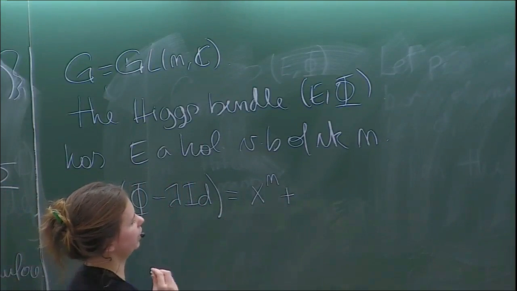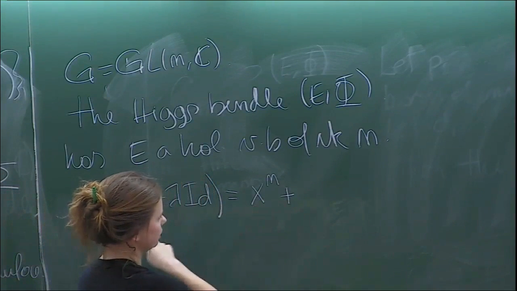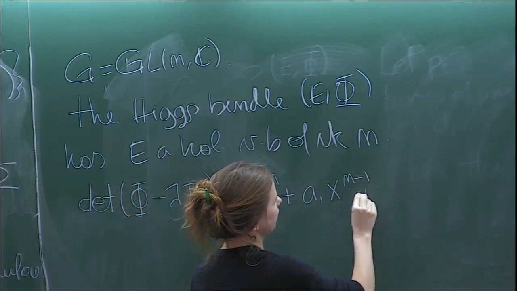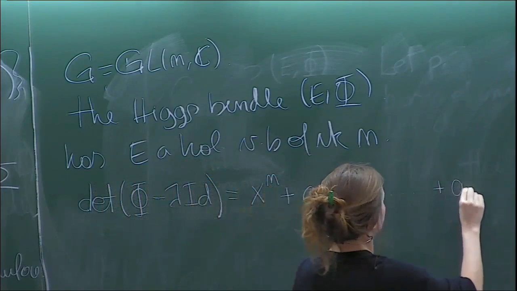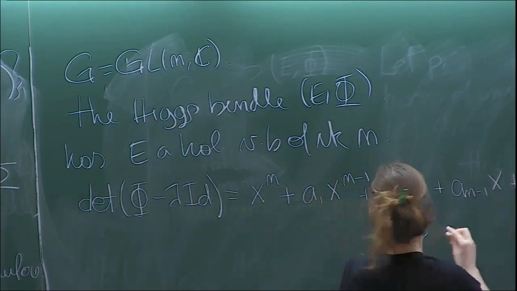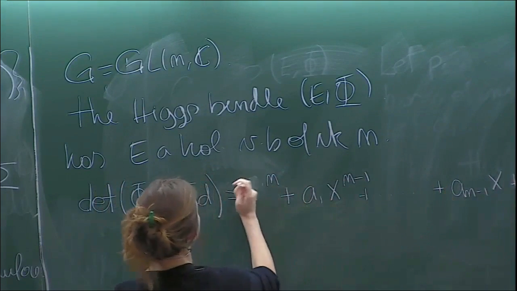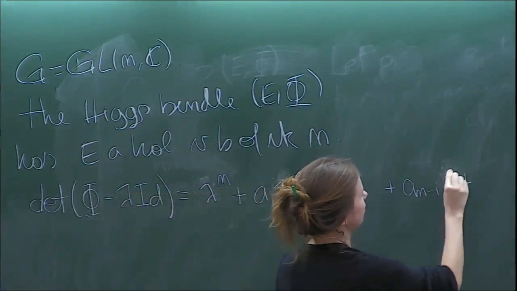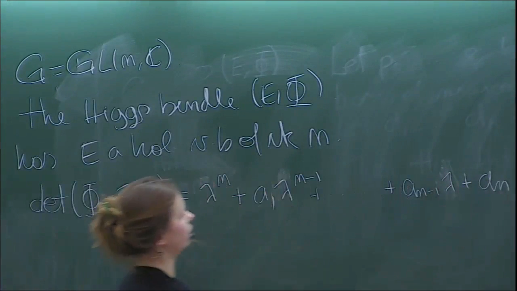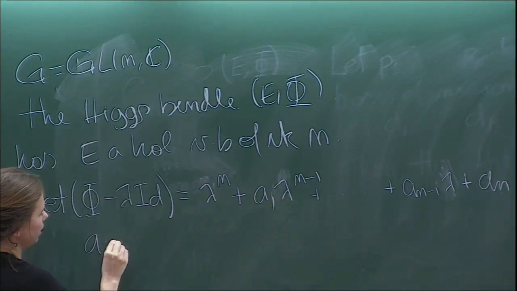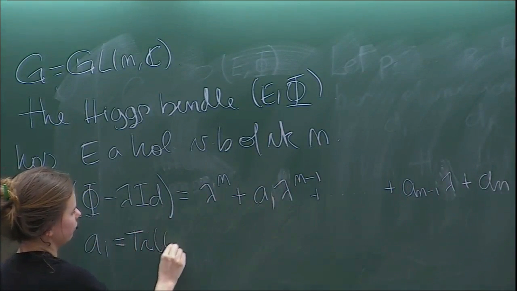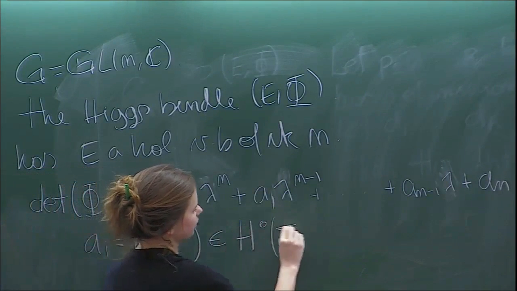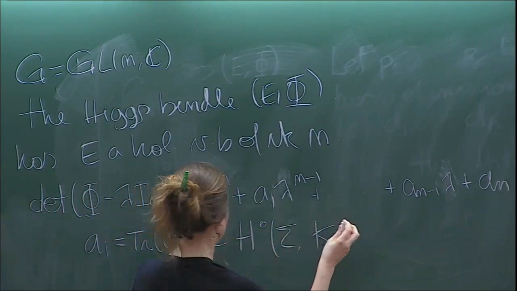So we're going to put it here, and we say this characteristic polynomial is x to the n plus a1 x to the n minus 1 plus ... plus a n minus 1 x plus a sub n, where a sub i is the trace of phi to the i, and this is a section of K to the i.